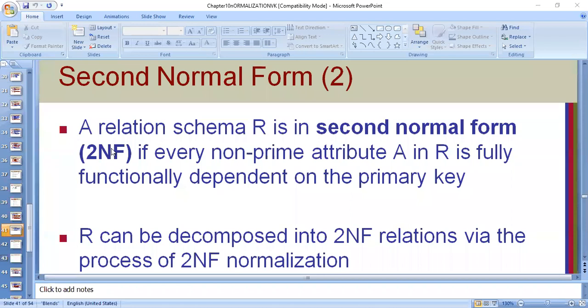Whenever we write the next normal form, we write the definition as: a relation schema R is in second normal form if it is already in first normal form, and this additional condition.